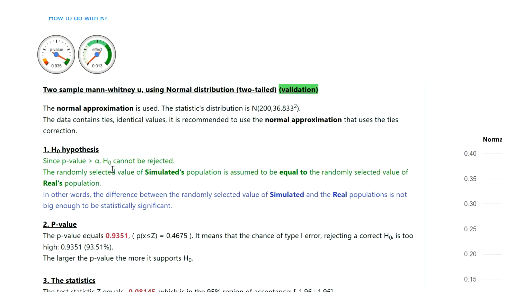Our main hypothesis was that there is no significant difference between group 1 and group 2.